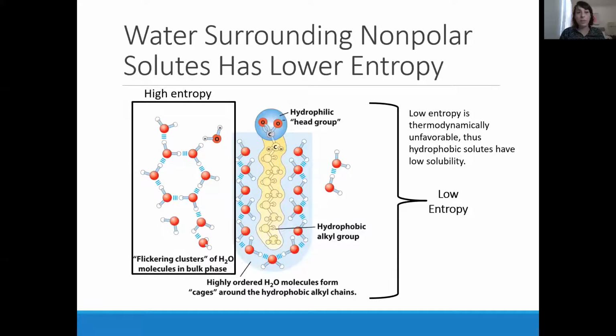So you can see here, water is generally highly ordered in this situation. So it actually causes a lower entropy to occur when you place in something with nonpolar regions.